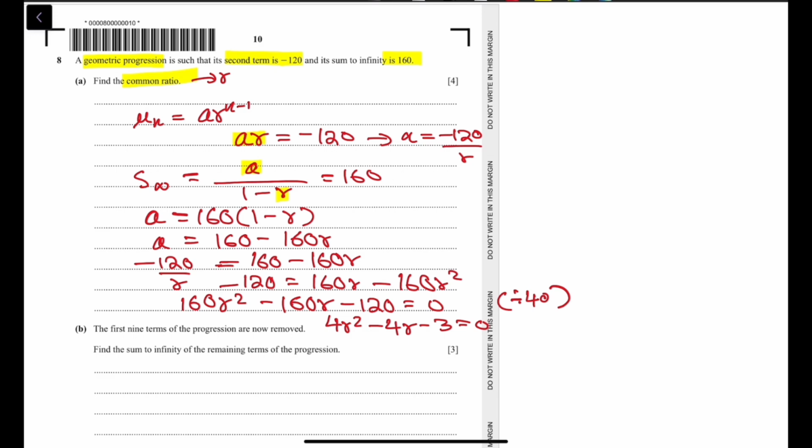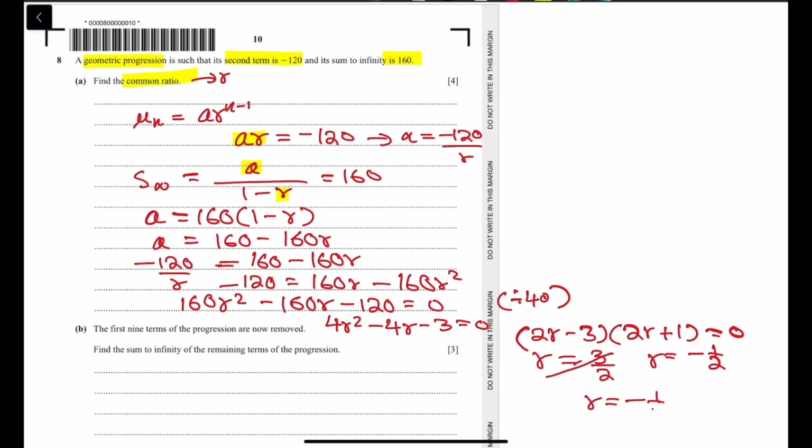Even then, I will use my calculator. I will end up with 2r minus 3 times 2r plus 1 equals 0. Therefore, r either equals 3 over 2 or r equals negative a half. However, r cannot equal 3 over 2. r must equal negative a half.